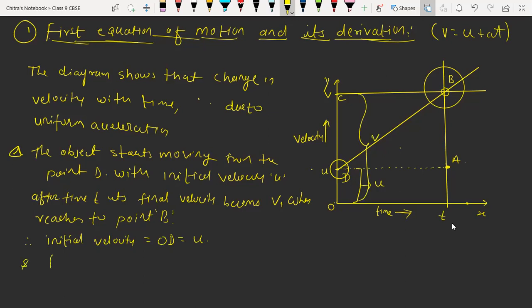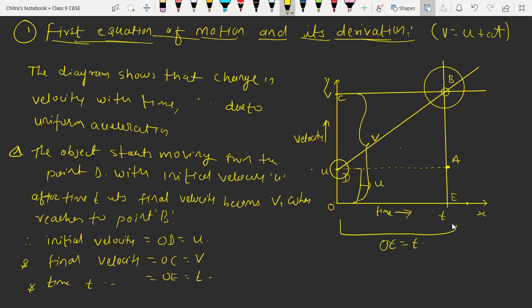So final velocity equals OC, and we represent it by v. And the time t: we name that point as E, so OE will be time t.